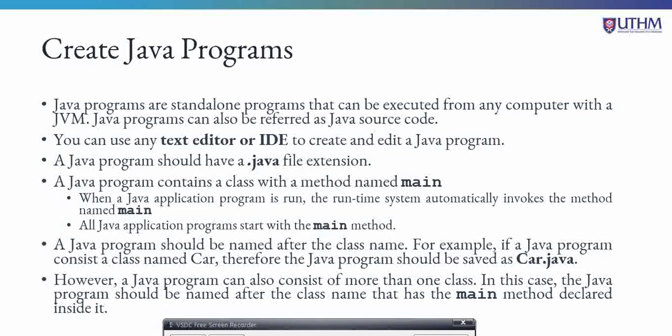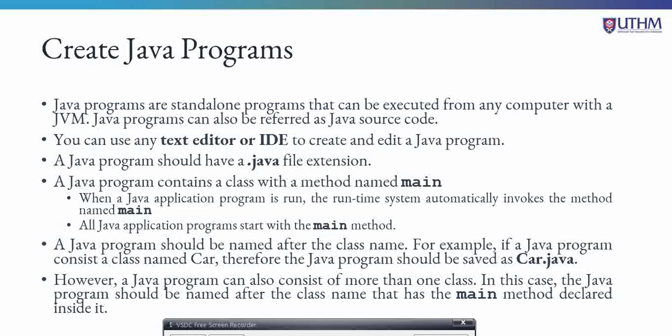Java programs can also be referred to as Java source code. You can use any text editor or IDE to create and edit a Java program. You can use Notepad or TextPad as a text editor, or you can use Eclipse or Visual Studio Code as your IDE.